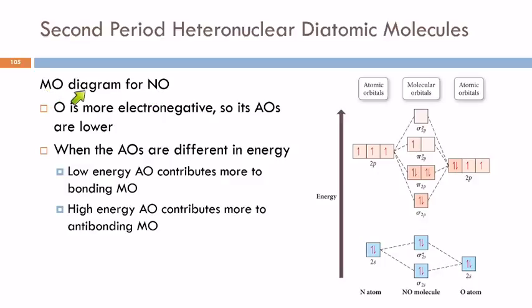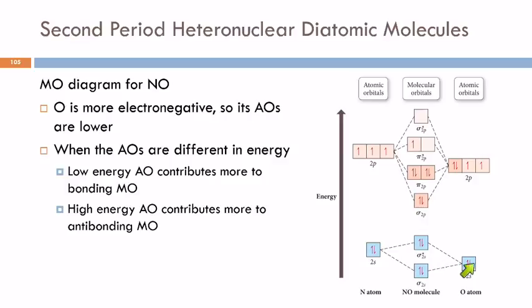The molecular orbital diagram for nitrogen monoxide. Oxygen is more electronegative, and so its atomic orbitals are a little lower in energy than the nitrogen atomic orbitals. And that's not really something I expect you to remember. When these combine, though, they're not coming equally, right?